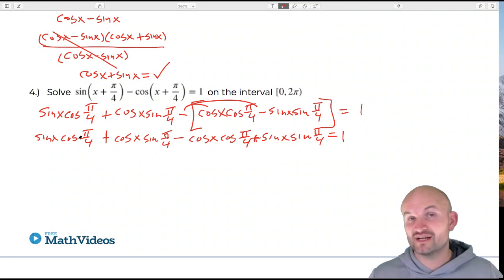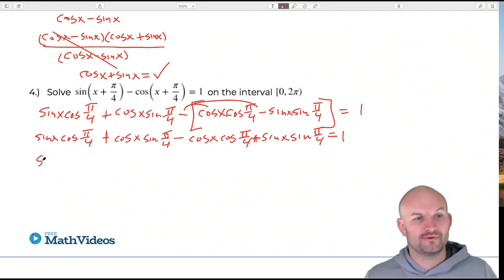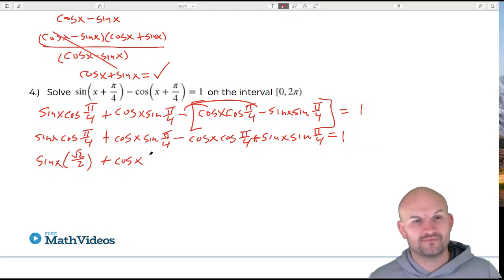So cosine of pi over 4 is square root of 2 over 2, and sine of pi over 4 is square root of 2 over 2. I skipped that step when I did my key and just went to this step, which is better because you can see what divides out a little bit easier here.